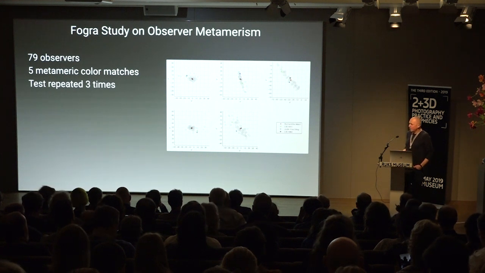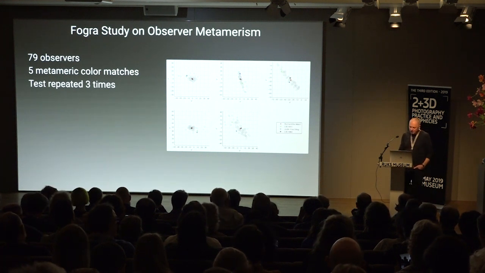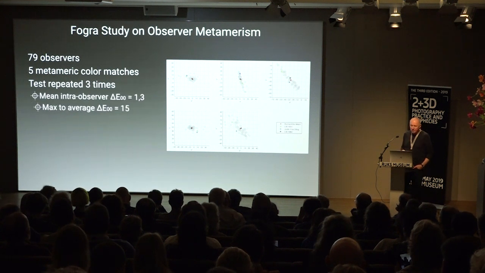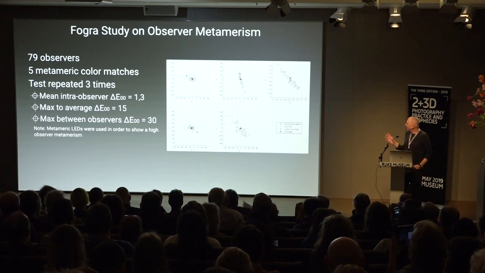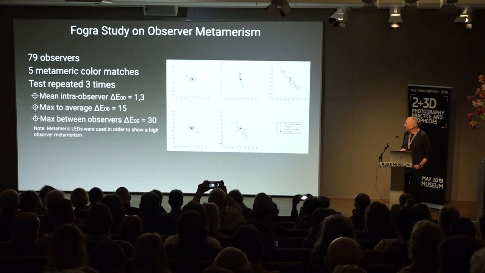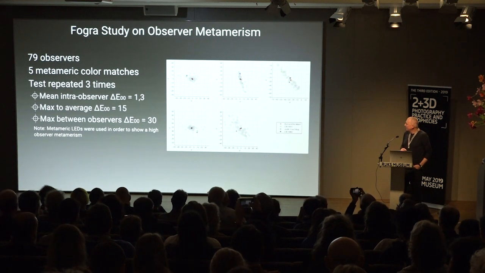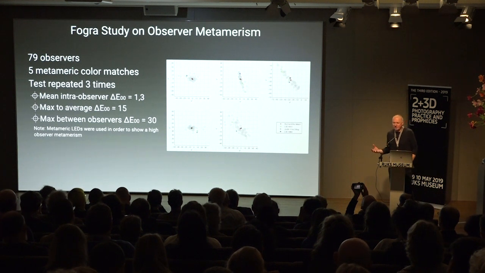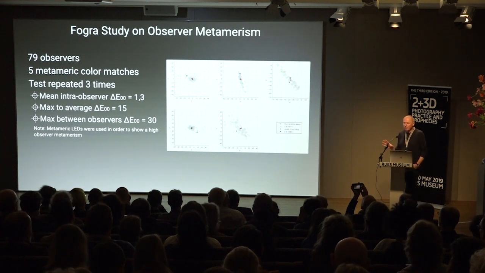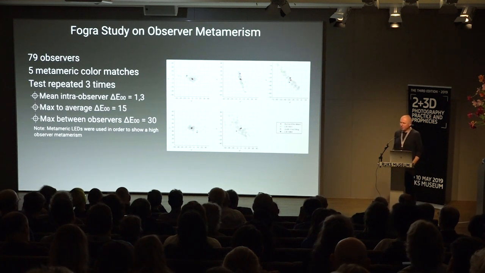This is the spread of these colors of these observers in the 5 color samples. The mean inter-observer delta E was 1.3.